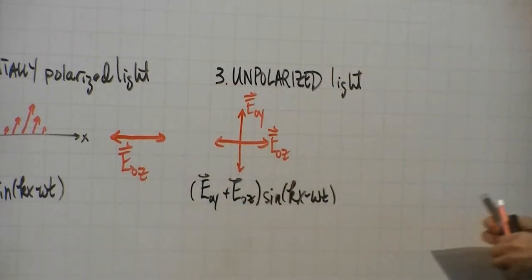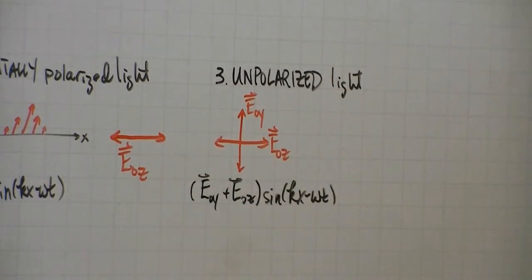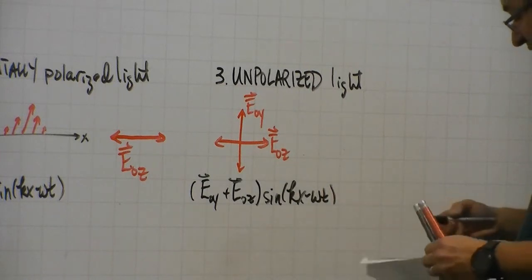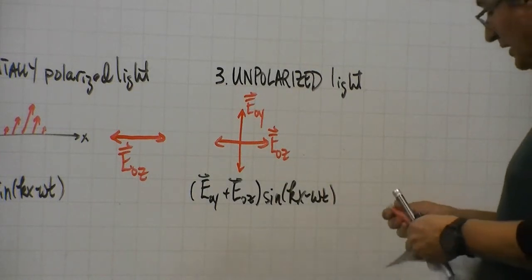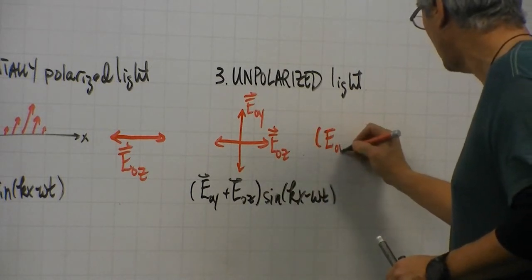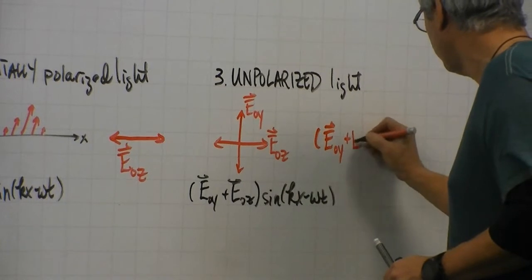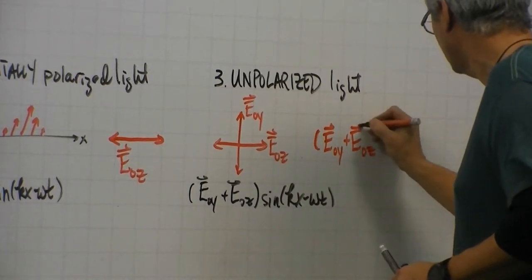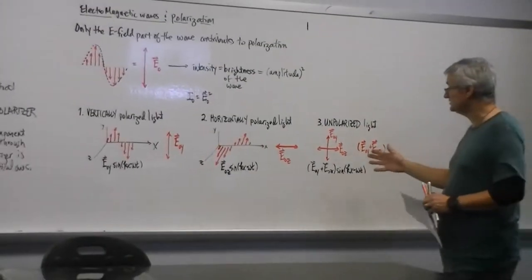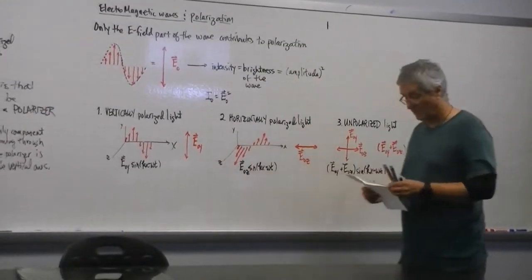The amplitude of this wave is a vector amplitude, and when I draw this, the amplitude has to be a combination of both of these. So these are the three polarizations that I actually get for light.